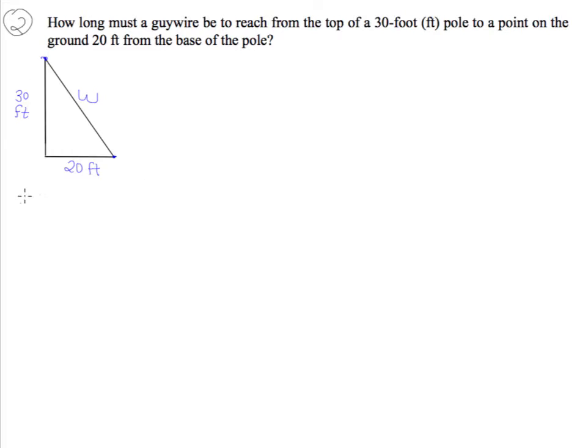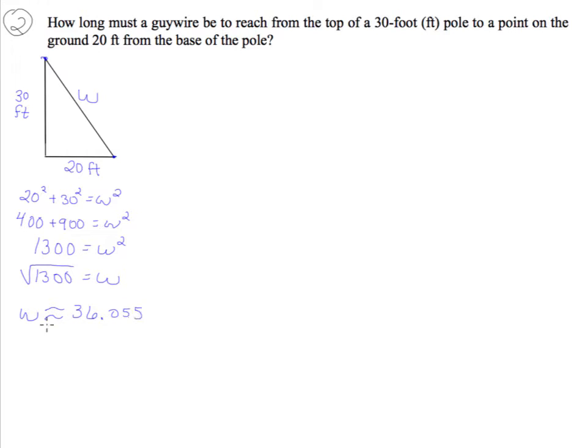So I've labeled my known and unknown, and since I have a right triangle here, we're going to set this up with the Pythagorean theorem. And W is equal to the square root of 1,300, which means W is equal to about 36.1 feet. Final step, write my answer in sentence form.